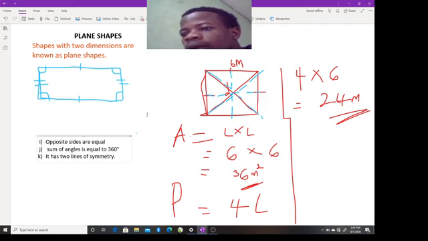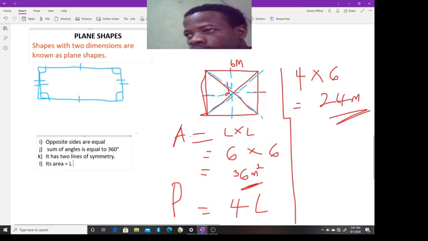Another thing can I talk about? I mentioned sum of angles. Okay, let me talk about the area. Its area is equal to the length times the breadth.